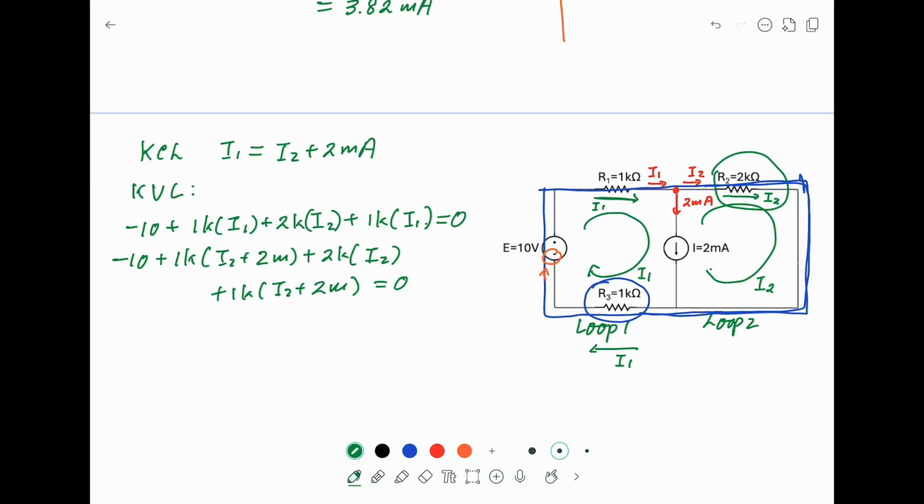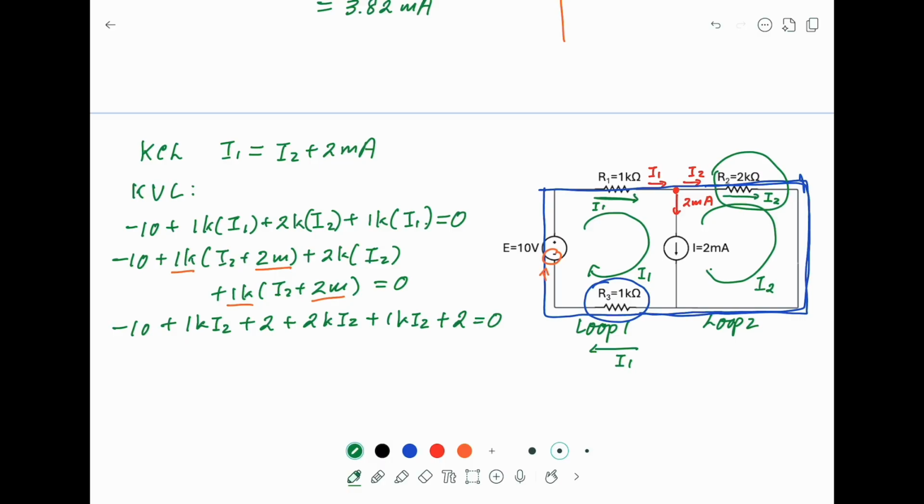Now let's expand: minus 10 plus 1K I2, and 1K times 2m gives 2, plus 2K I2 plus 1K I2 plus again 1K times 2m, which gives 2, equal to 0.